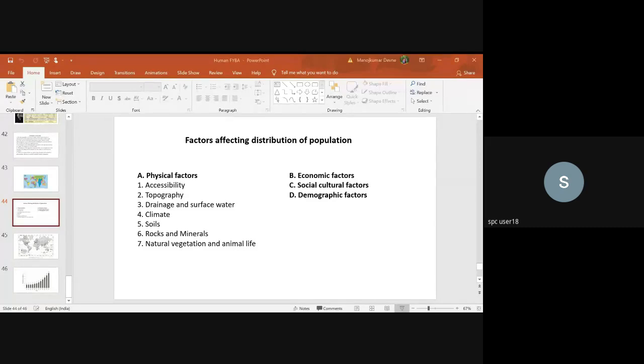Then another aspect, in fact, I would say that this is one of the major aspects nowadays. It has been a major aspect in history in the negative sense, and of course, it's now another aspect in the positive sense, and that is government policies and programs, a major factor affecting the distribution of population as such.